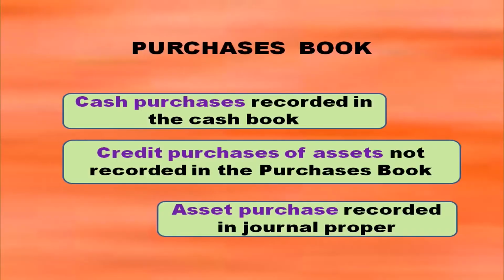Cash purchases are recorded in the cash book, so they are not recorded in the purchases book. Credit purchase of assets are not recorded in the purchases book. Where will you write the asset purchase? Asset purchases are recorded in the journal proper.